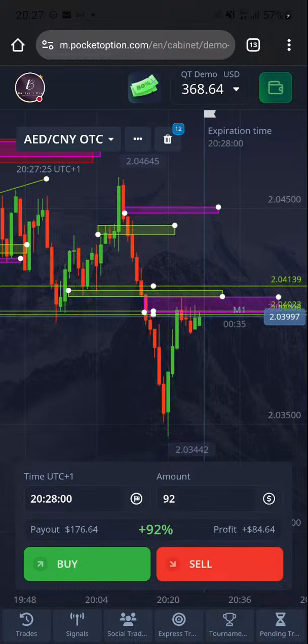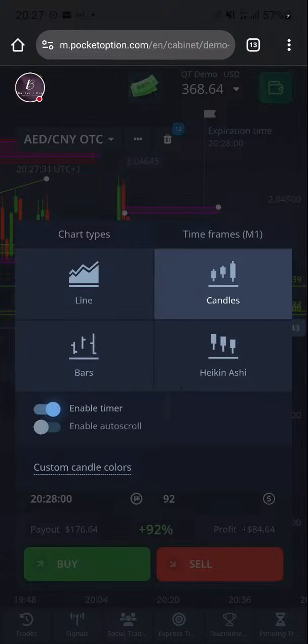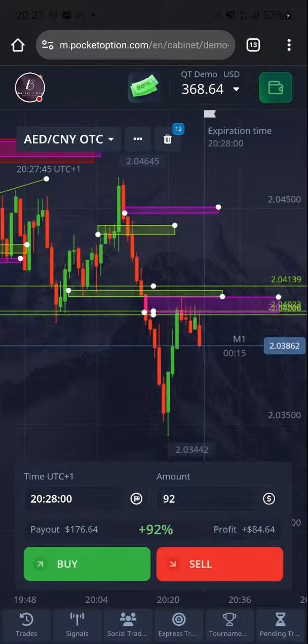So today's setup, the chart type is going to be candlesticks over here. We enable the timer here, and we disable this auto scroll. Then in the time frame, we're going to be trading M1, the 1 minute time frame.